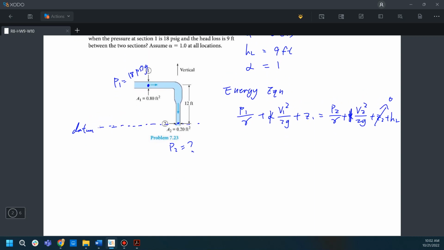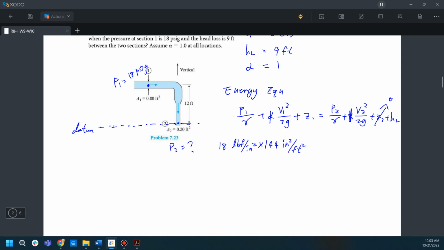Now we start to plug in the numbers. So for the pressure term, we will need to do some unit conversion. 18 psig is 18 pound-force per square inch times the unit conversion 144 square inch divided by square feet.